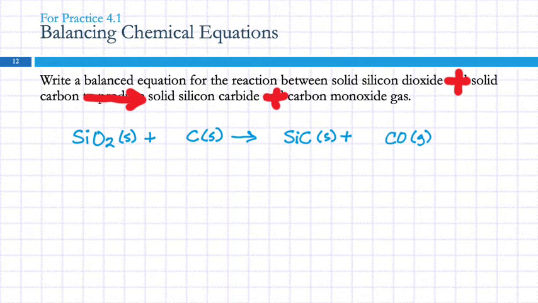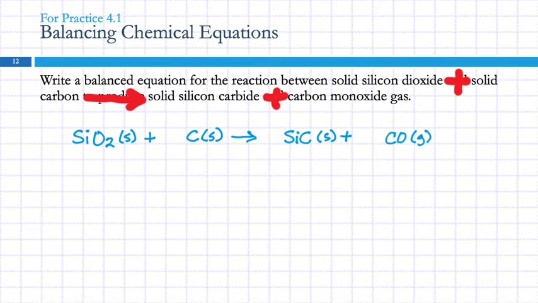So this is my skeleton, the correct chemical formulas. Now we can balance. So, they gave suggestions about doing the thing in the most complicated compounds first. It actually works out pretty well most of the time if you do the first element first, and then do the second element, and just kind of go through that way.